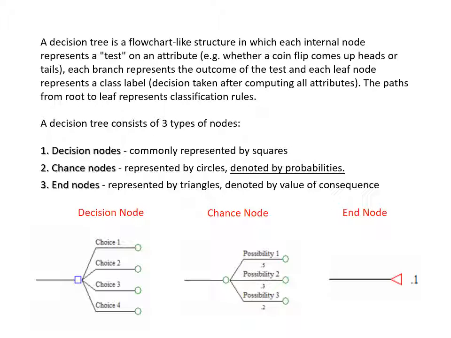And then we have chance nodes, which are represented by these green circles. Chance nodes can be the direct result of making a decision, and that's what's shown in the first tree. Or chance nodes can just be the direct result of a previous chance node.